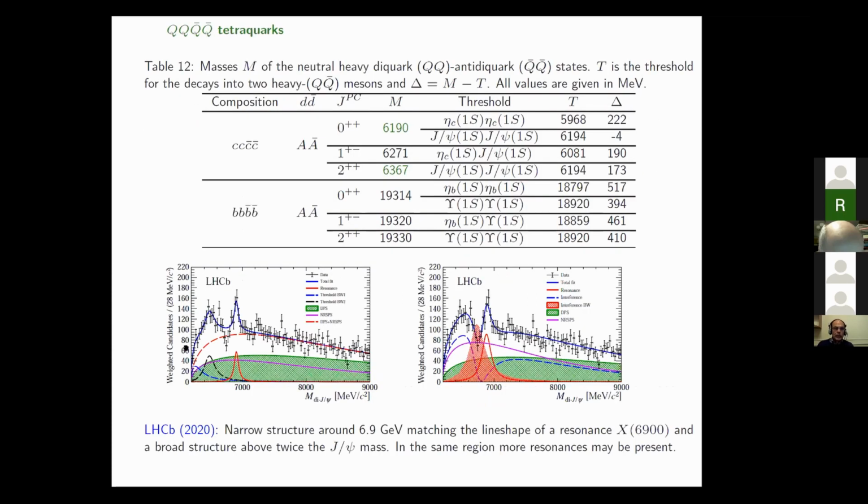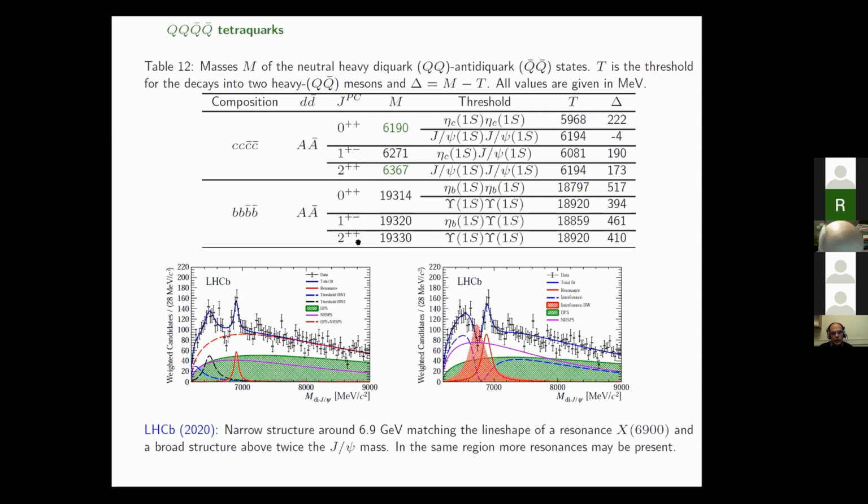Now we go to the last topic, the tetraquarks which are composed of 4 heavy quarks. Here in the following table, we give our predictions for the fully charmed and fully bottom tetraquarks. Of course, they should consist of an axial vector diquark and an axial vector antidiquark.